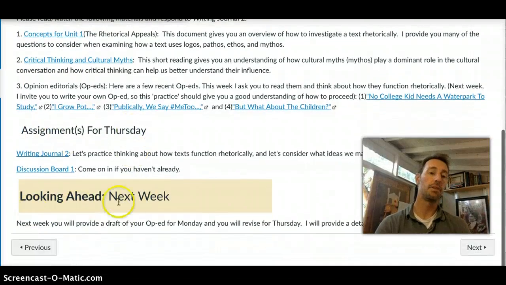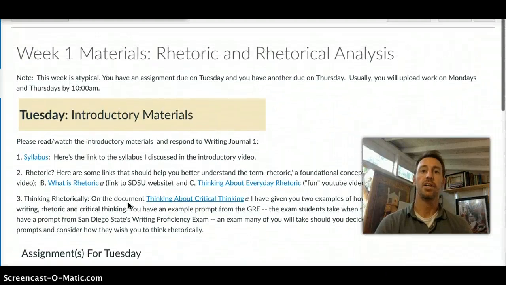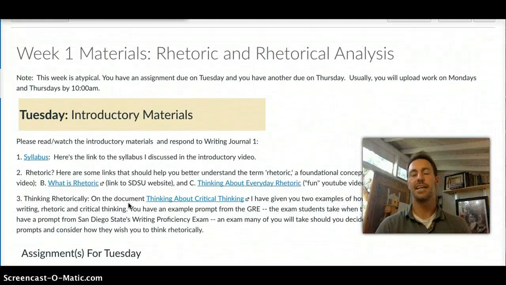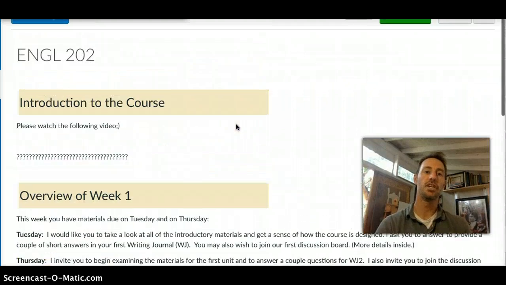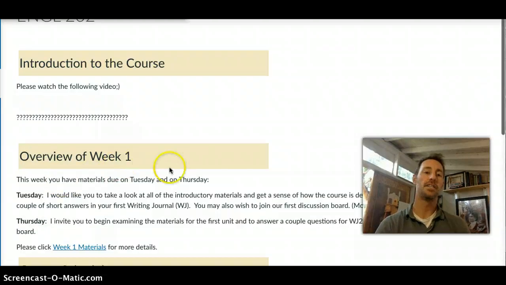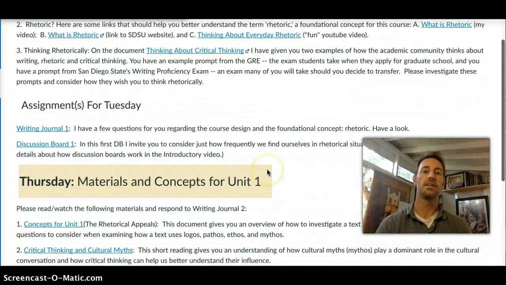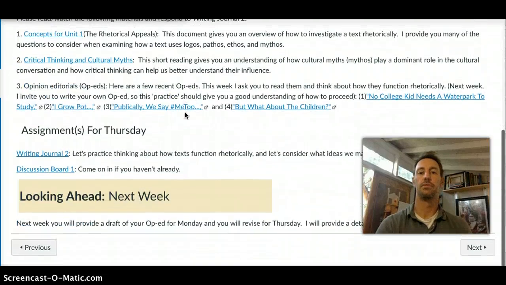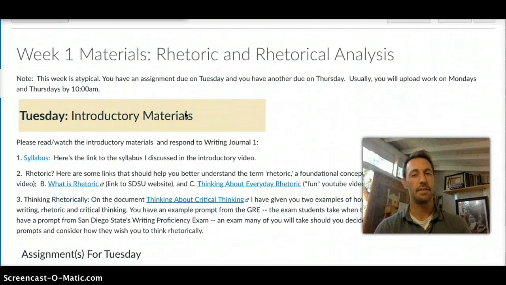And then I've given you a preview of what to expect for the following week. And so the entire course is designed by week. That is, you take a look at the home page, and each week the home page is updated, and then there's a link to all of the materials and all of the work that you'll be doing for that given week. I've tried to make it as straightforward as I possibly can.